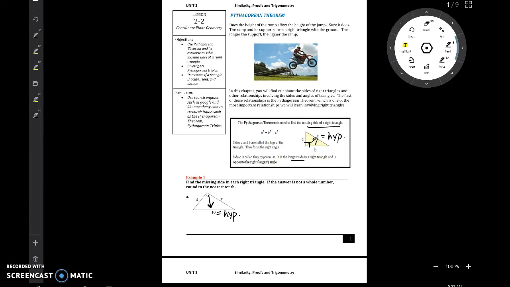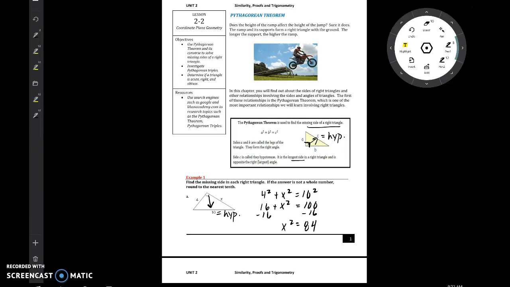So setting up the Pythagorean theorem, 4 squared plus x squared equals 10 squared. Okay, the 2 sides squared equals the hypotenuse squared. 16 plus x squared equals 100. Subtracting 16 from both sides, so we get x squared is equal to 84.